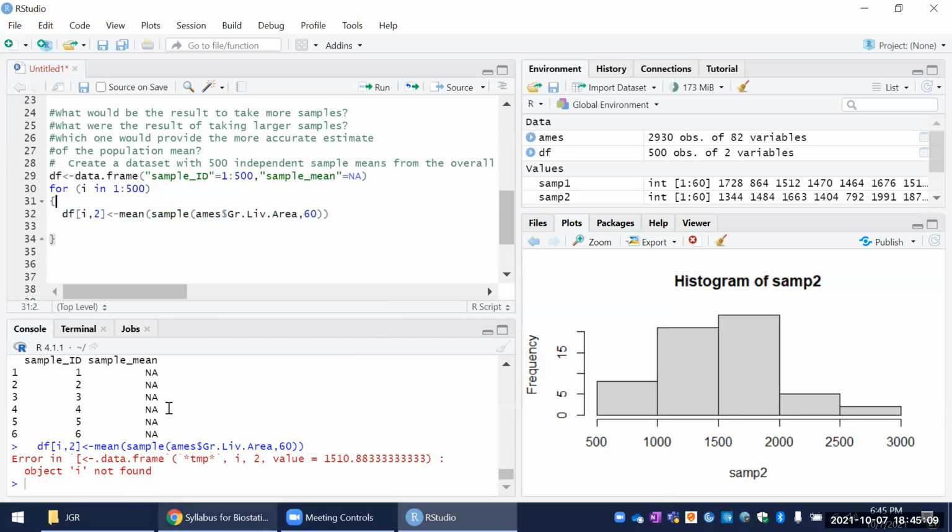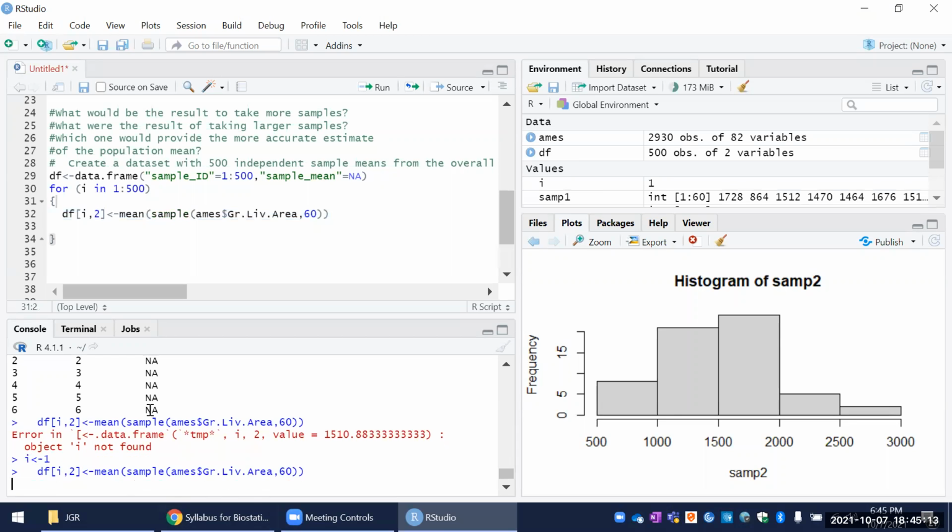So if we are saying now i equals 1, we're getting the first entry at df.